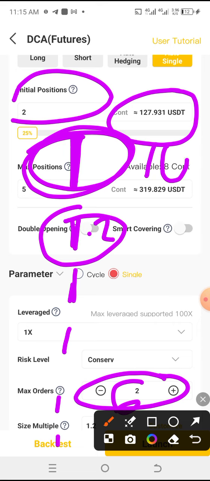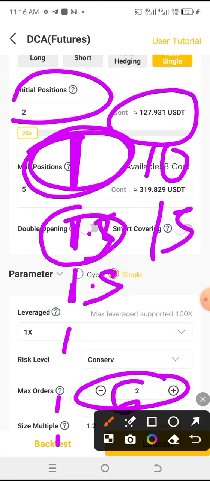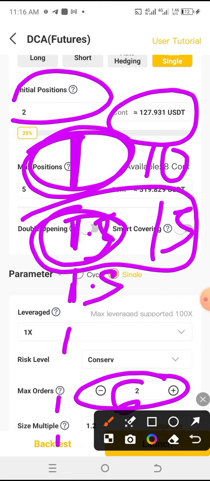Assuming you bought $10 here and this is 1.5, it is going to be $15 the second time. The third time it's going to buy 1.5 of that, so 15 plus 7.5, which gives us about 22.5.